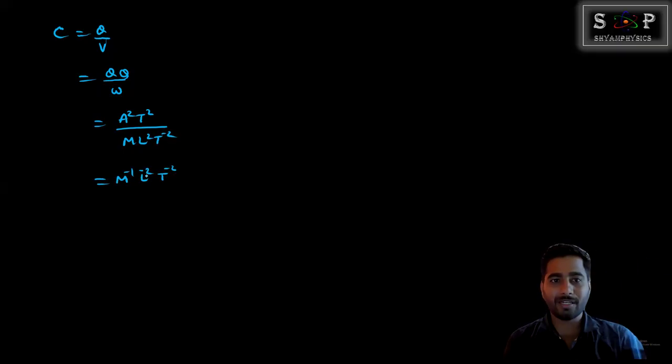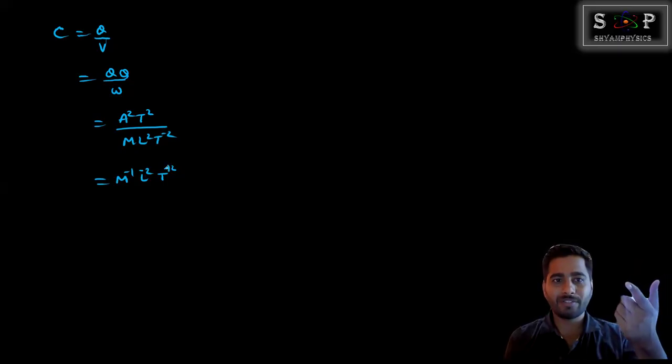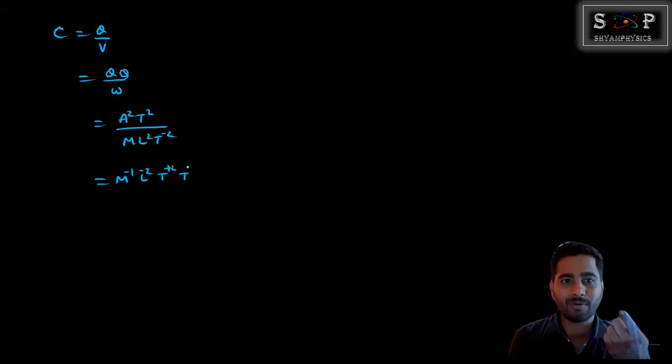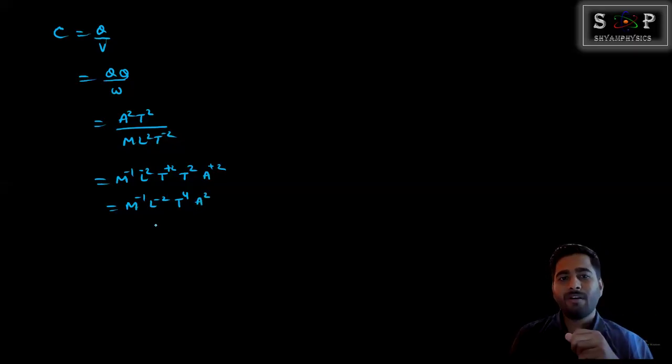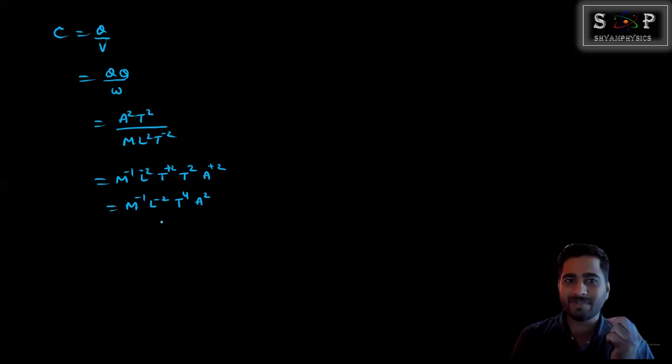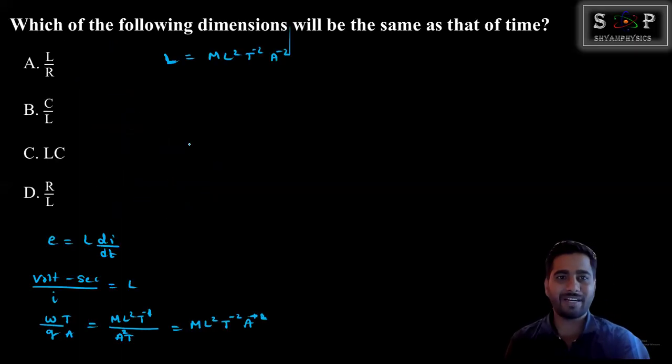If it comes to the numerator, minus 2 becomes plus 2, and t to the power plus 2 already existed, ampere to the power plus 2. So it will become m to the power minus 1 L to the power minus 2 t to the power 4 a to the power plus 2. Capacitance is equal to m to the power minus 1 L to the power minus 2 t to the power plus 4 a to the power plus 2.